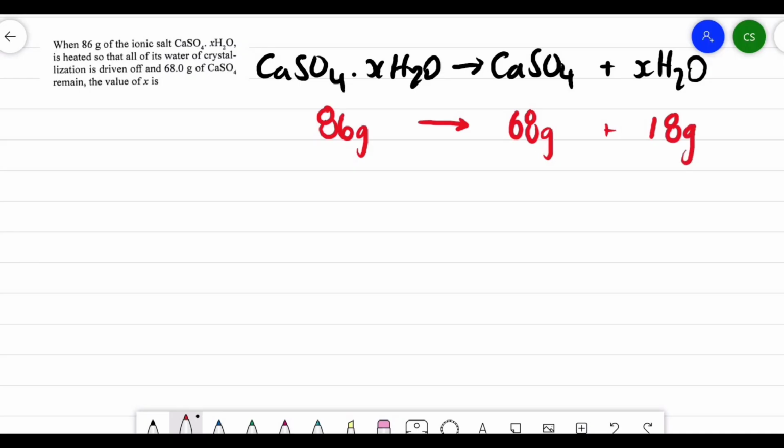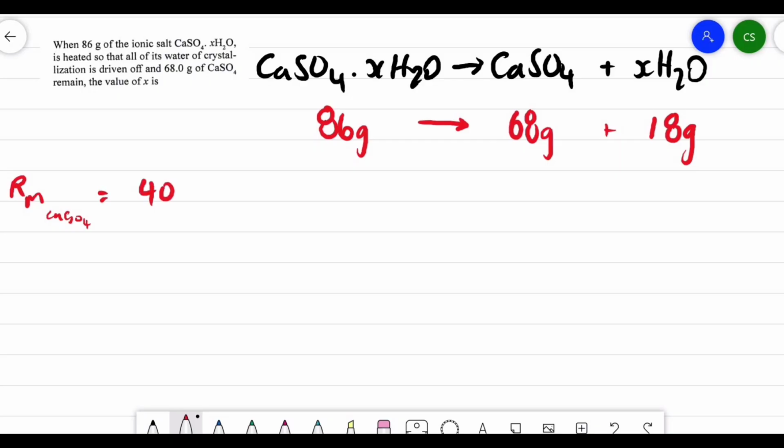Now, it's easy for you to look at it and say, oh, this is 1 mole, and that's true. 18 grams is 1 mole, but what you're looking for is the mole ratio. So what you want to do after this is actually find the relative molecular mass of calcium sulfate. And that should be fairly easy.